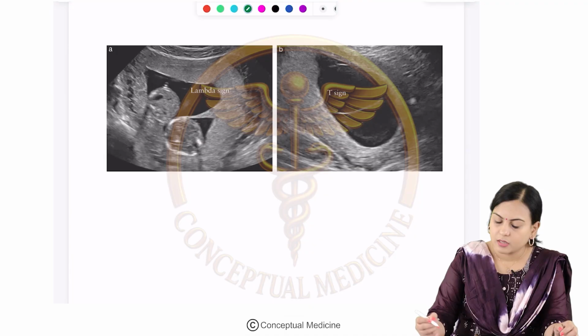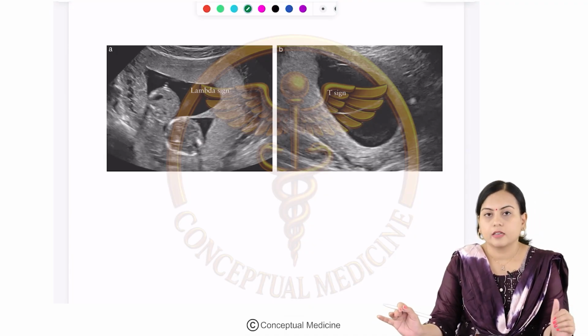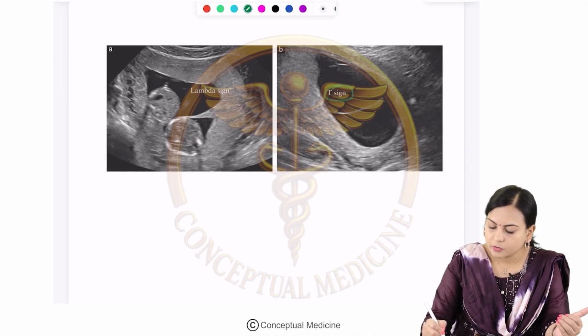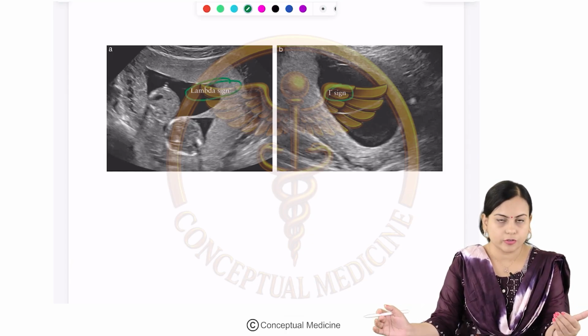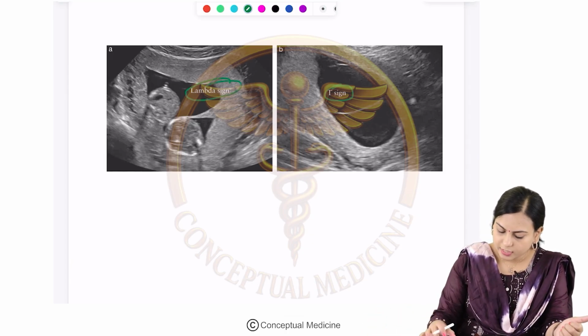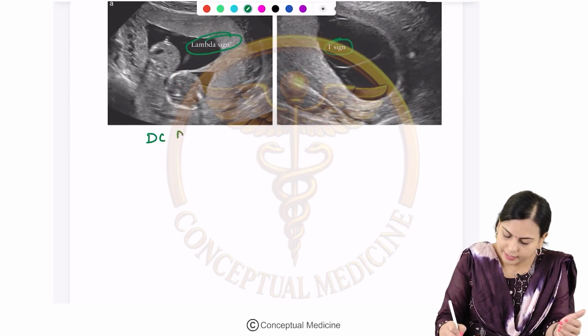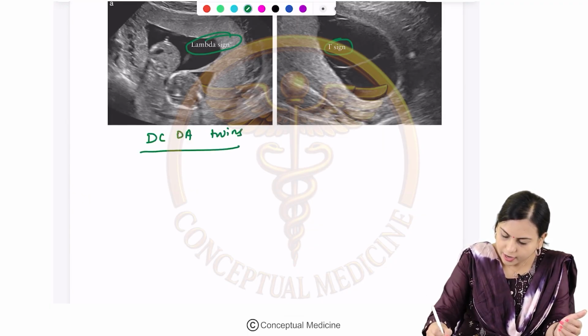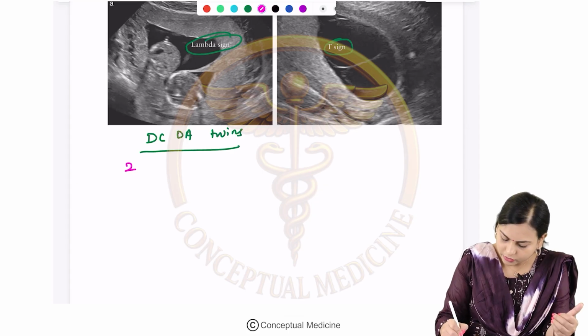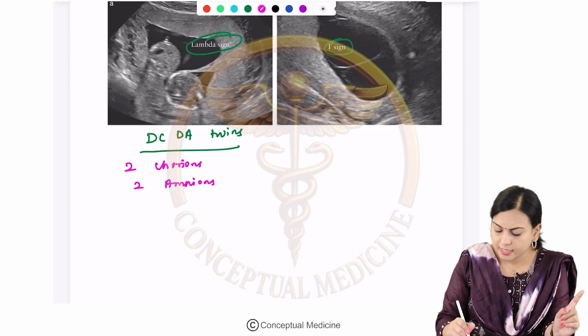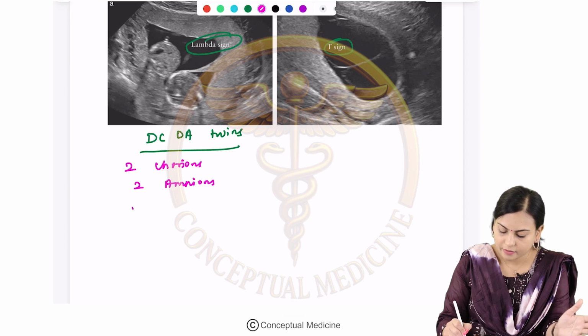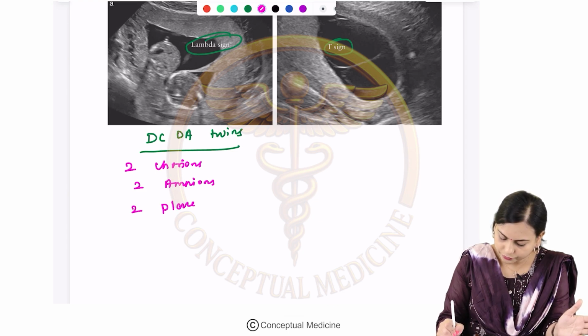Now, these are two important signs seen in ultrasonogram while checking for chorionicity and the type of twins. The lambda sign is mostly seen in dichorionic, diamniotic twins. You have 2 chorions, 2 amnions, developed from 2 different yolk sacs, and you have 2 placentas also.